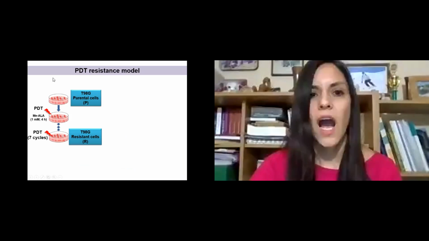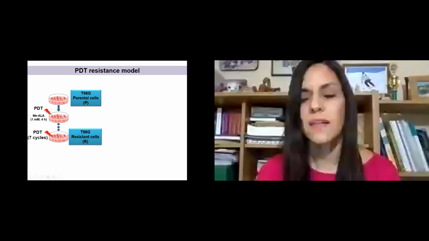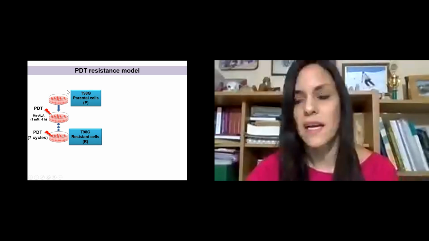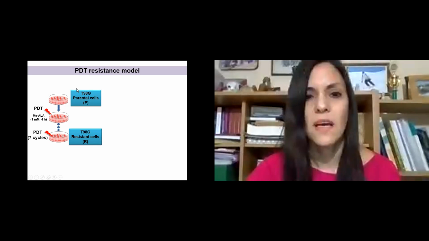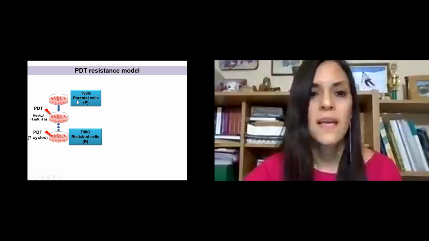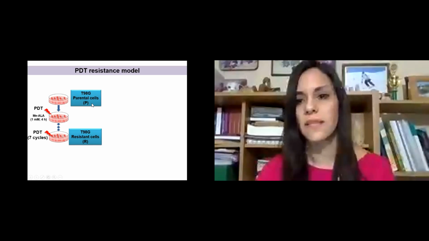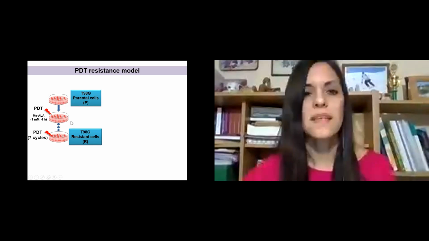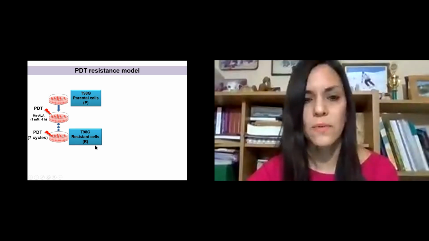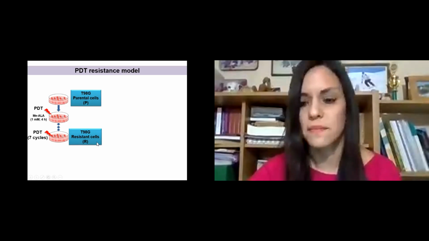Our PDT resistance model consisted of applying several rounds of PDT to glioblastoma cells of the human cell line called T9AG. Cells that never received treatment were called parental cells, and cells that received 7 cycles of PDT were called resistant cells.